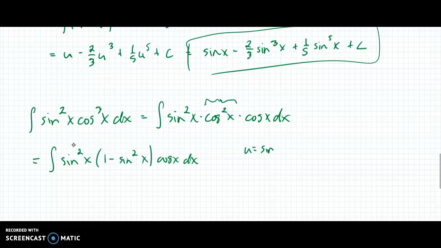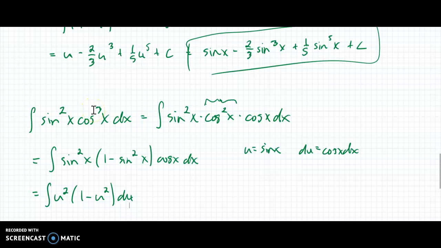U is sine x, du is cosine x dx. When I sub that in, I get the integral of u squared, open parentheses, 1 minus u squared, du.